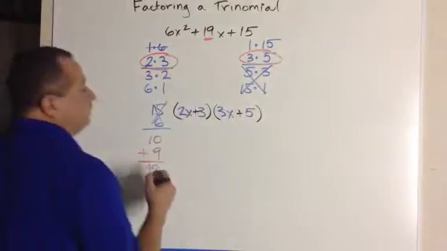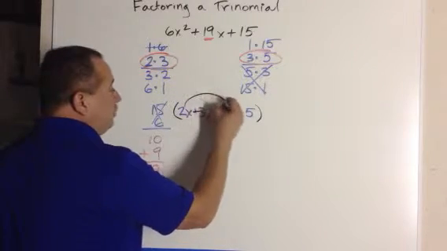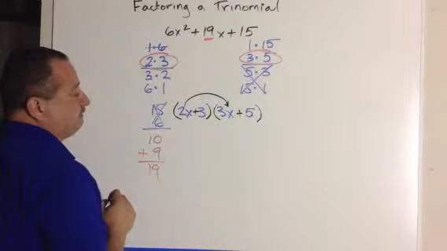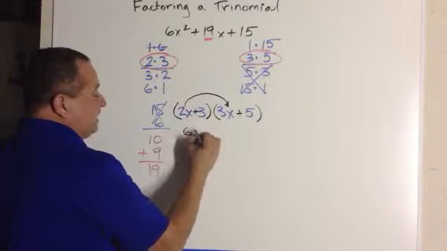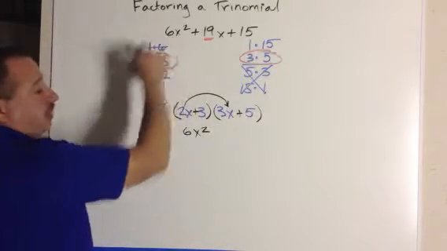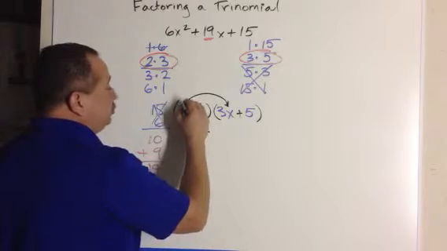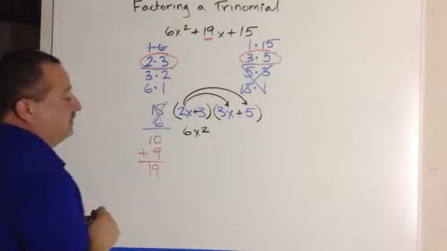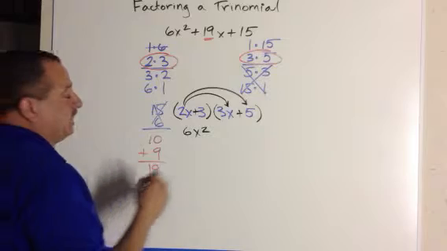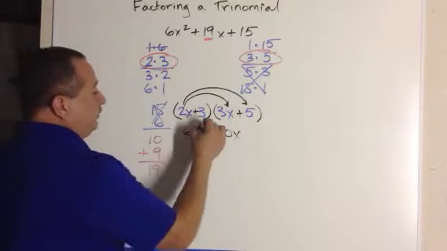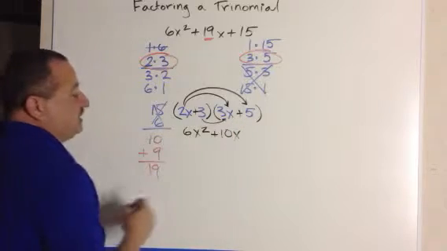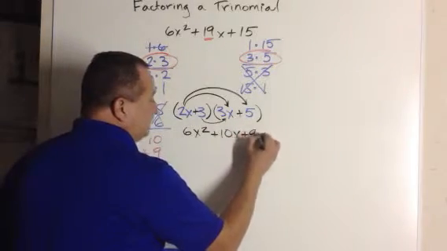So what is 2x times 3x? 2 times 3 is 6x squared. So far, so good. Now, what is 2x times 5? That would be 10x. And then what is 3 times 3x? That would be positive 9x.